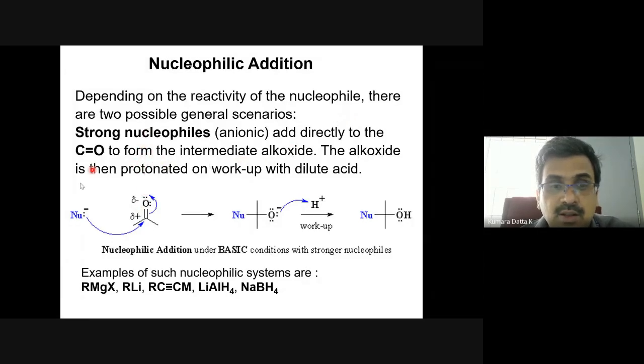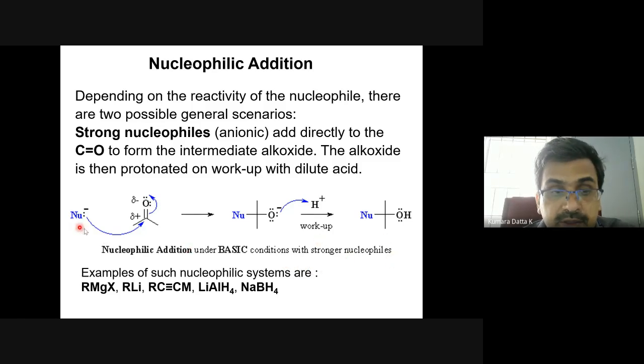For example, when you have a strong nucleophile, like OH minus or other anionic ones, it can directly add to carbonyl groups to form an intermediate alkoxide. The nucleophile is charged and electron rich, it attacks, you create a bond like this, and you work up with slightly acidic, proton conditions, and then we get alcohol. And this is nucleophilic addition under basic conditions with strong nucleophiles.